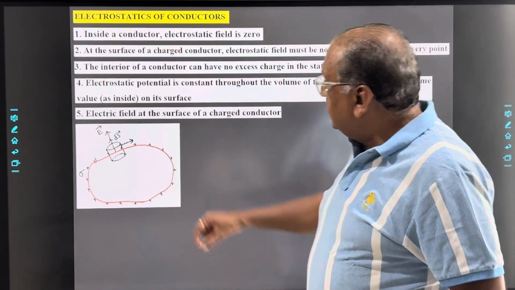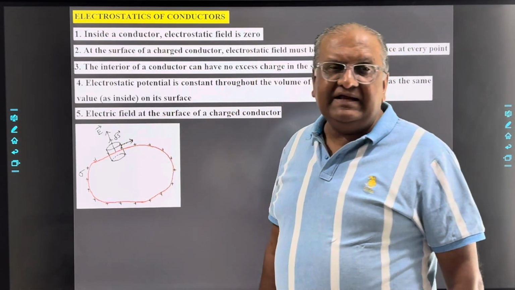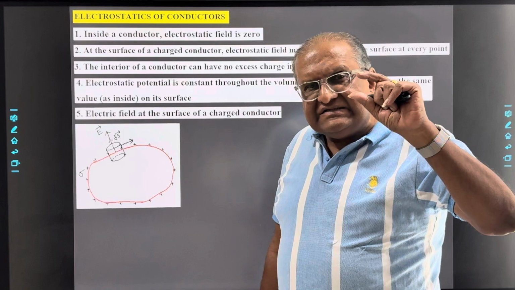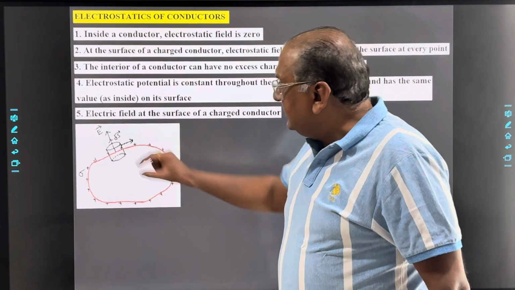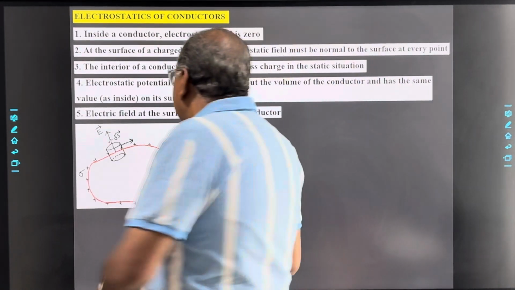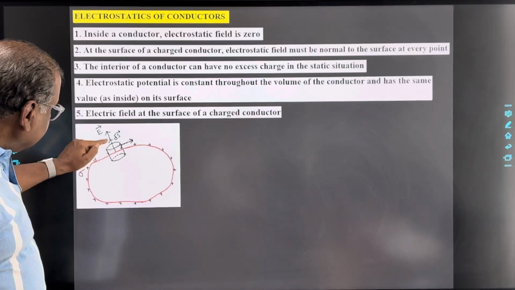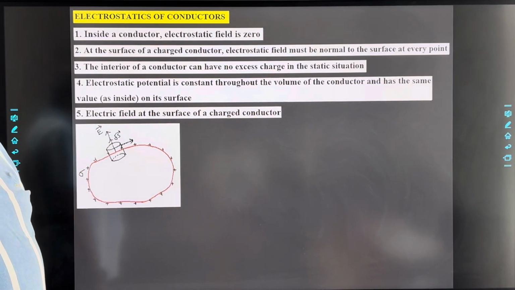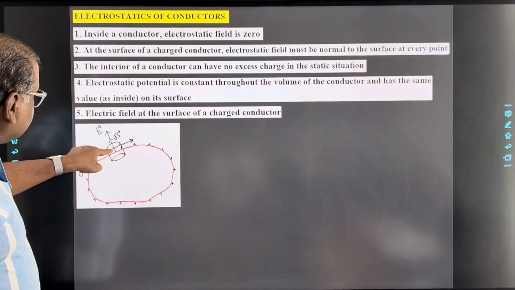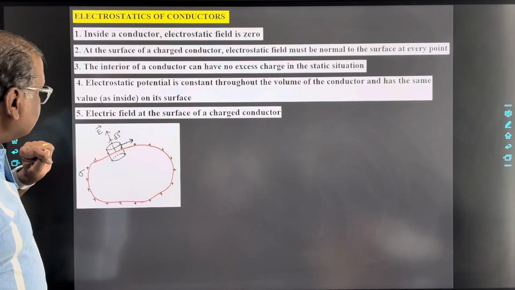Now consider a pillbox type, infinitesimally small Gaussian surface. Partially it is inside the conductor, partially it is outside the conductor. At the surface the electric field is perpendicular to the surface, as we discussed.